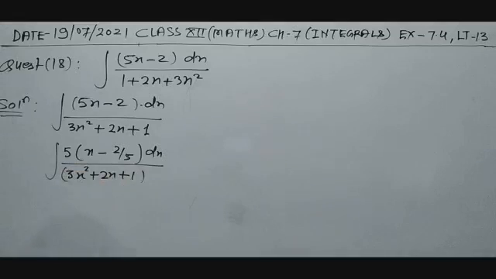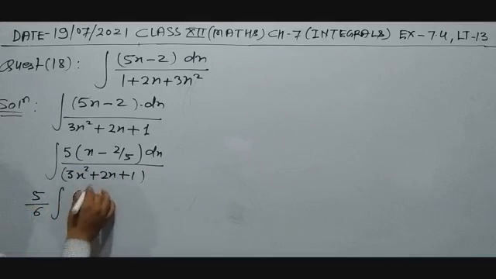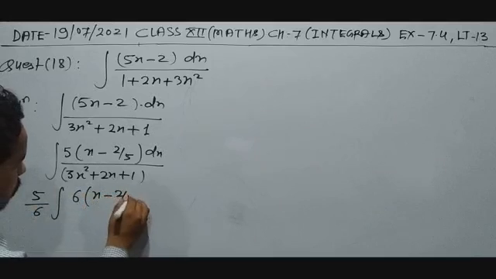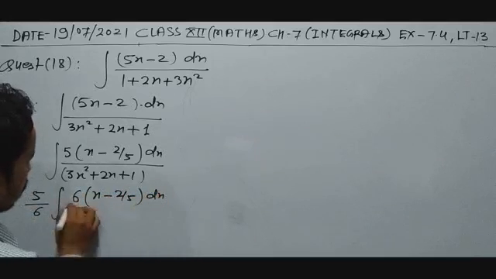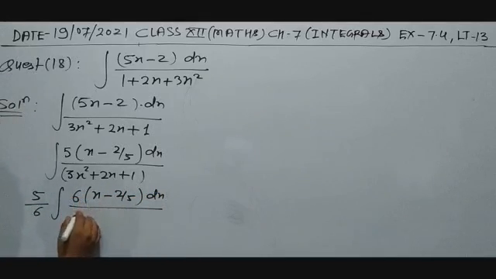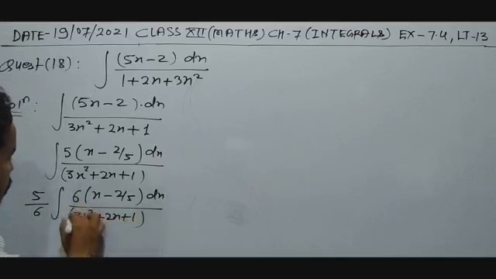And now 5 is taken outside the integral, and we rationalize by 6. We have rationalized by 6. So 6x is here and 6x minus 12 by 5.